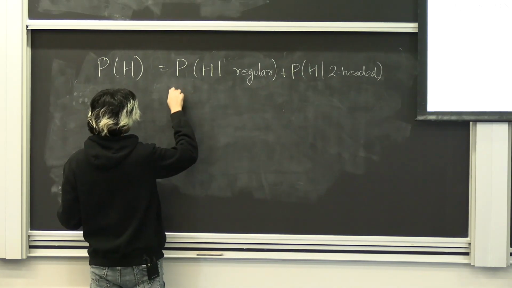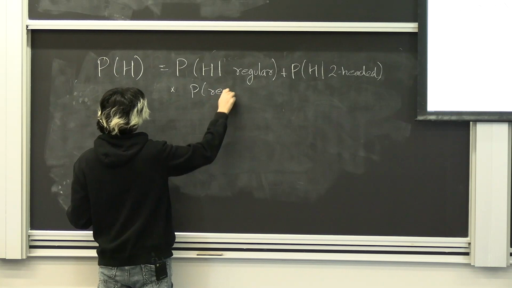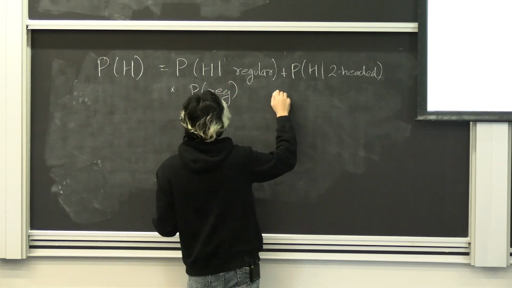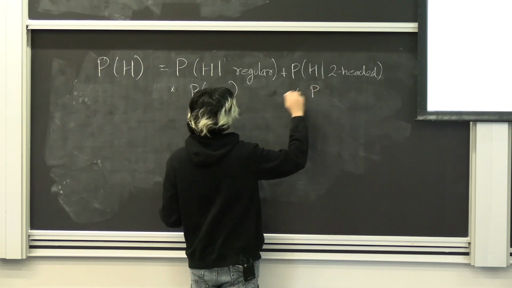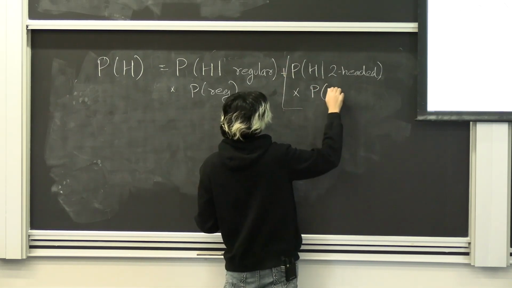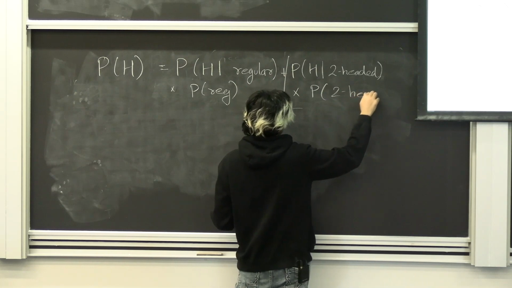Wait, actually we're missing one thing. The probability of the coin being regular. And in this case you're missing the probability of the coin being 2-headed.